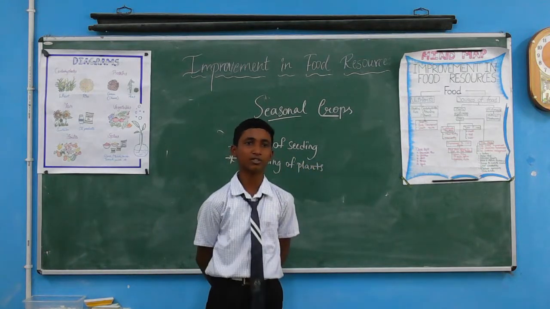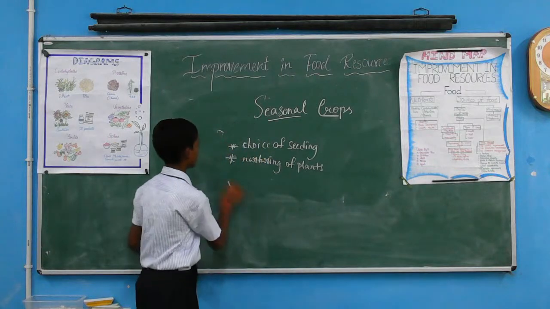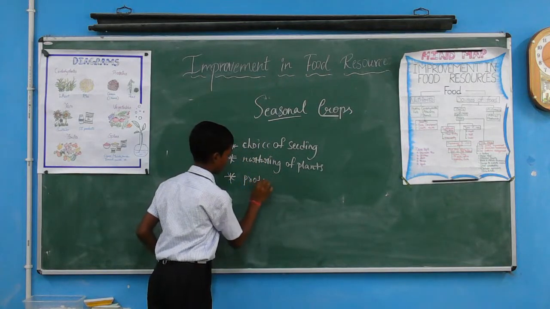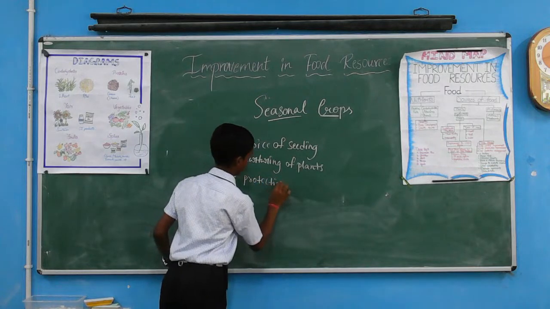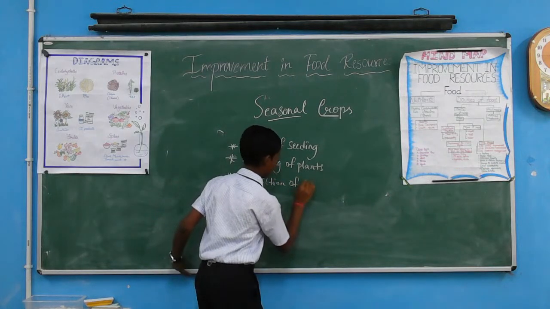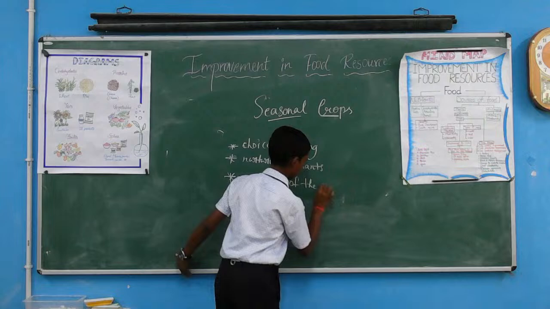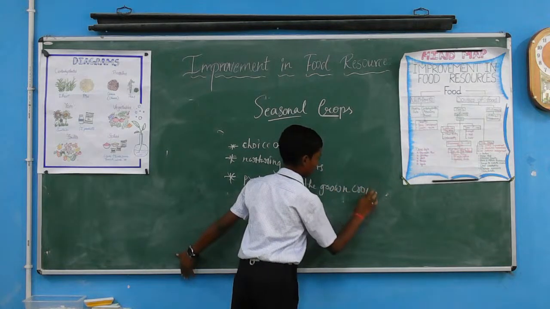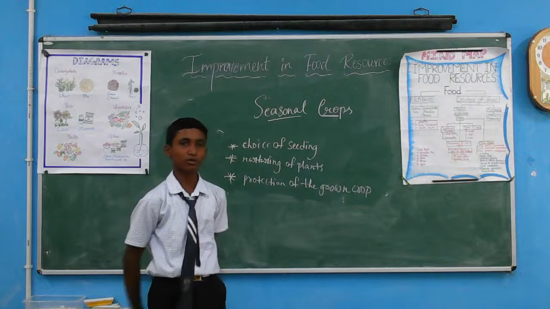This is the pillar of agriculture. Then the third step, production of the grown crop.